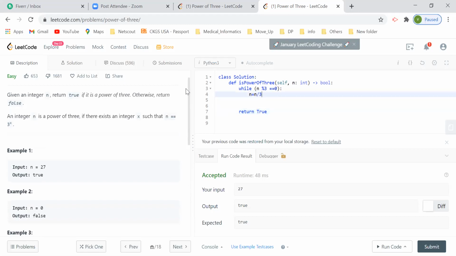One is if it's negative, right? Or n equal to 1. Should we check if it's positive or negative? You can check that, but that doesn't matter.